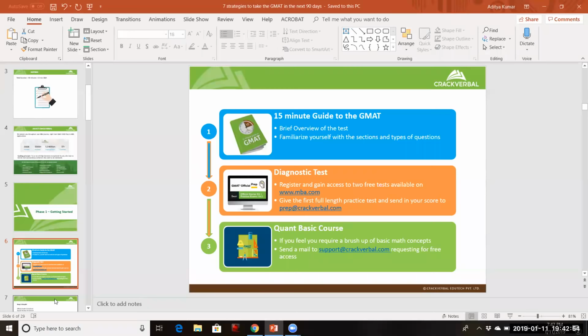And when you look at the verbal section, you'll realize that the grammar we studied in school is not the actual grammar tested here. We're tested on higher-end grammar concepts, like parallelism and modifiers. Scary terms that you haven't learned in school, but very easy once you understand them. And critical reasoning and reading comprehension passages are way different from what you would have studied in school, because the reading comprehension passages there are very, very simple.